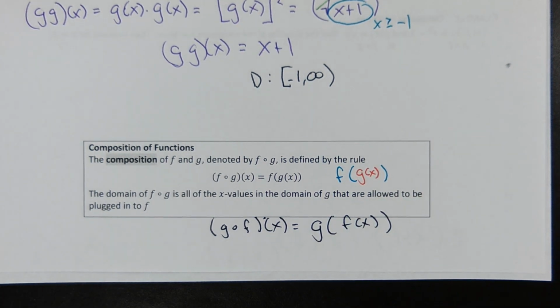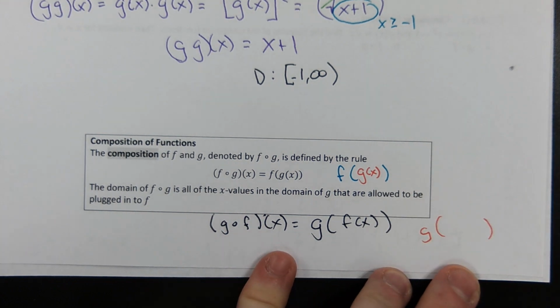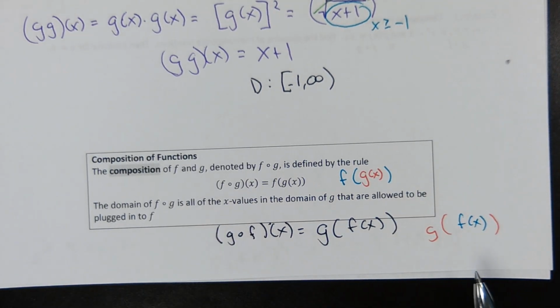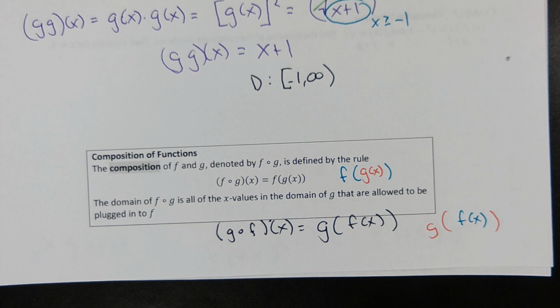And if it helps to see it in color, this one says everywhere g had an x, you'd open a set of parentheses and drop in the function f of x in its place. Students need to be able to see the difference between f of g of x and g of f of x.